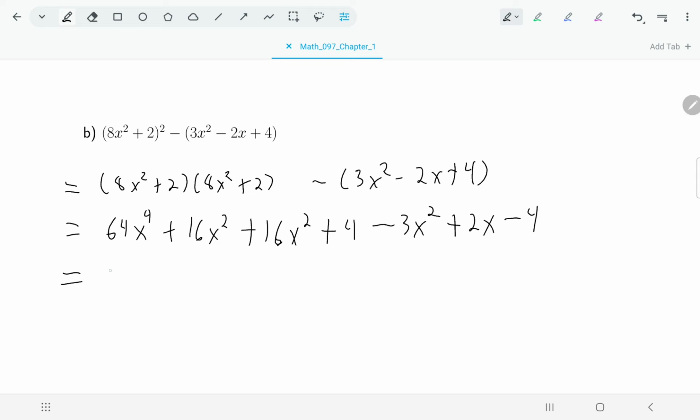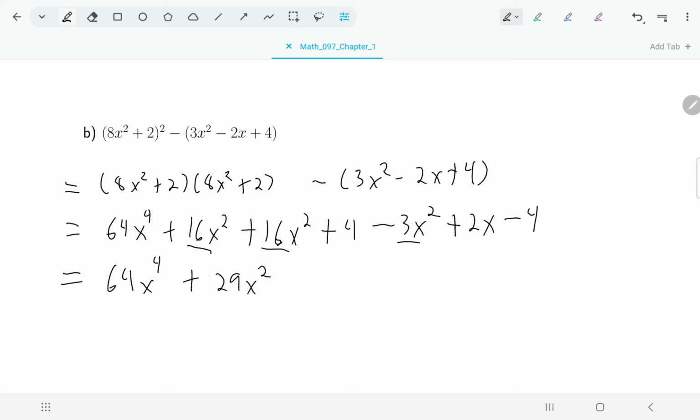So I've got 64x to the 4 for my powers of 4. There are no powers of 3 here, so I don't have any x cubes. I do have 3 terms that involve x squareds. I have 16x squared, another 16x squared, and then minus 3x squared, which gives me 29x squareds in total.